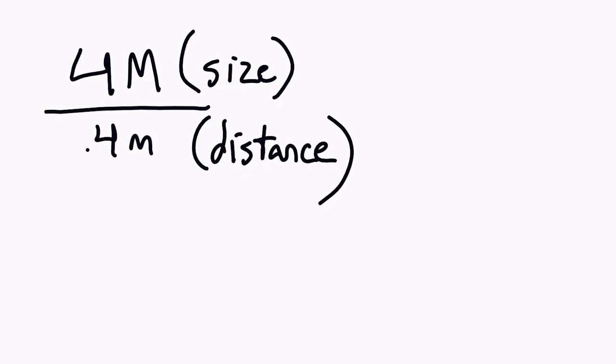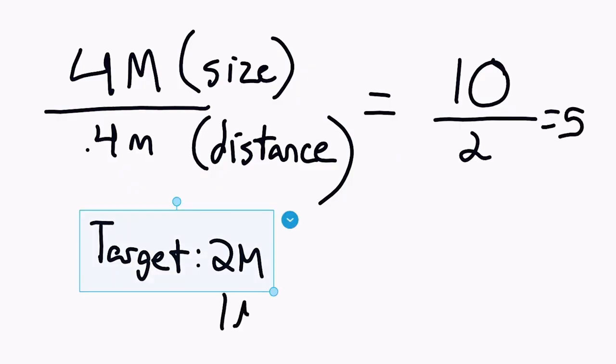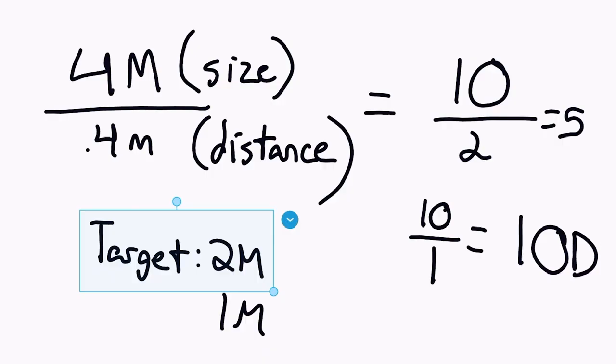So 4 divided by 0.4 is pretty easy. That is 10. And divide it by your target size. Let's say your target size is 2M. So 10 divided by 2, you would need a 5 diopter magnifier. Now what if your target is 1M? Now 10 divided by 1, you're going to be looking for a 10 diopter magnifier.